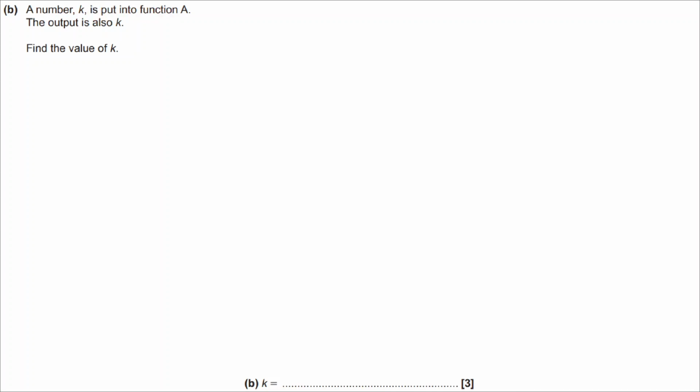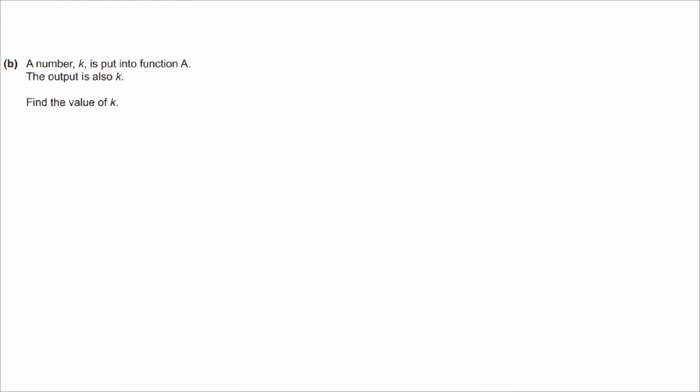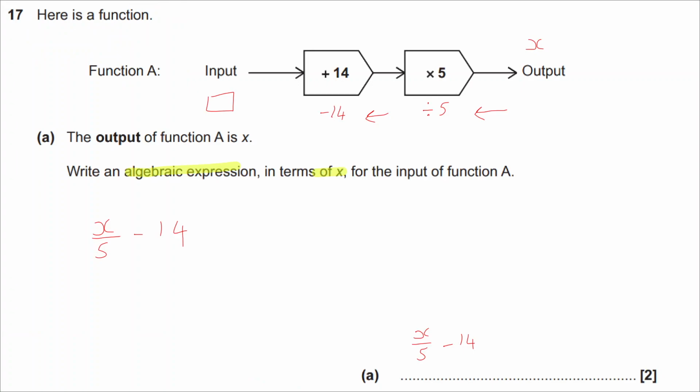Okay. Part B, a number k is put into function A. The output is also k. Find the value of k. So if the input is k, the output is also k. So if you put k into the input, k plus 14, that would get you to k plus 14. You then times the whole thing by 5.